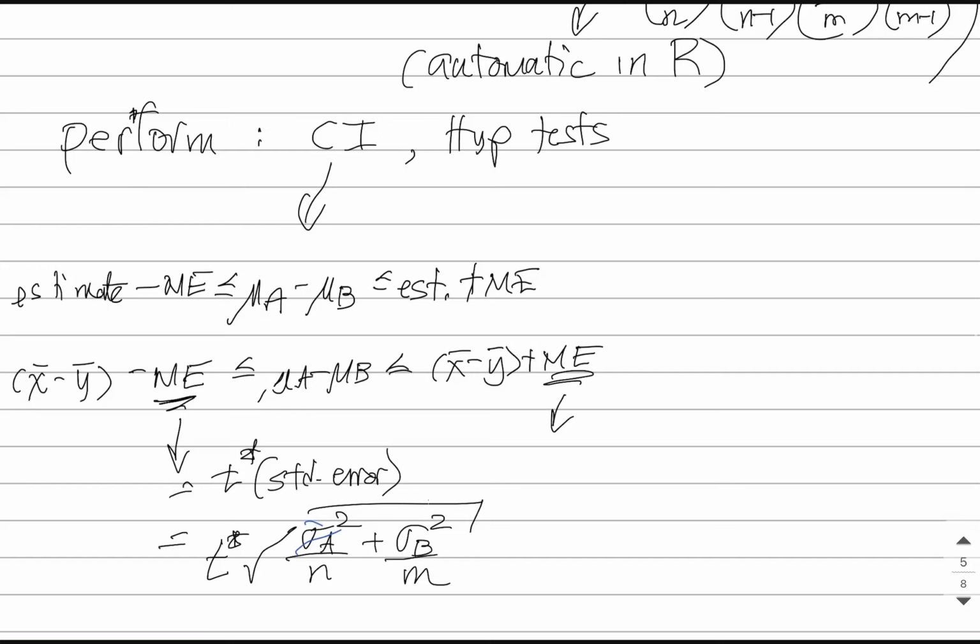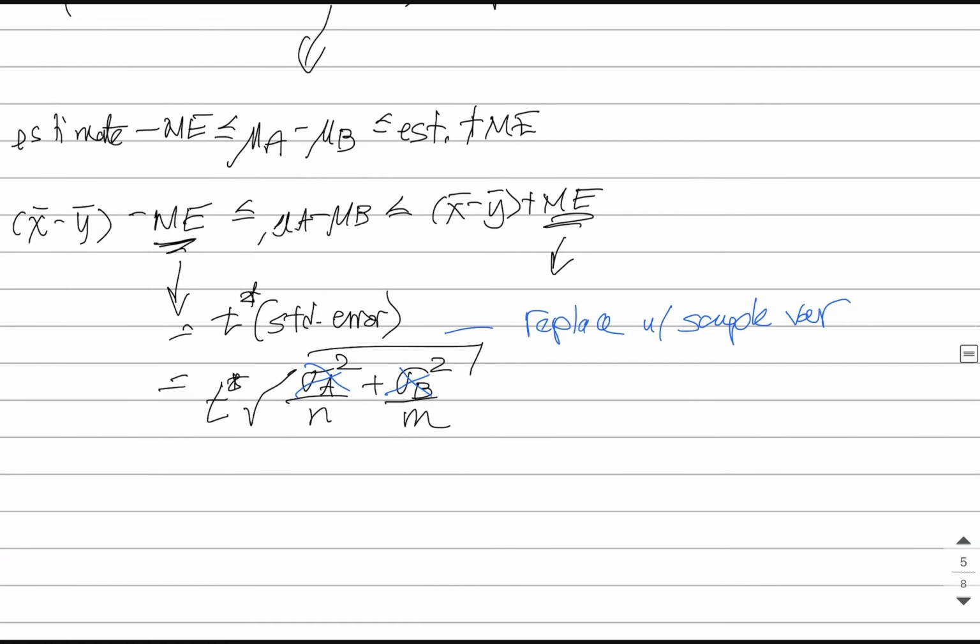The one key idea is that we don't know what these are, so we're going to have to replace them with the sample variances. So it will turn out that the margin of error is going to have this form: T star times the square root of sample A squared over N plus sample B squared over M. So you'll get a really ugly looking expression, but it fits the form that we were given before.